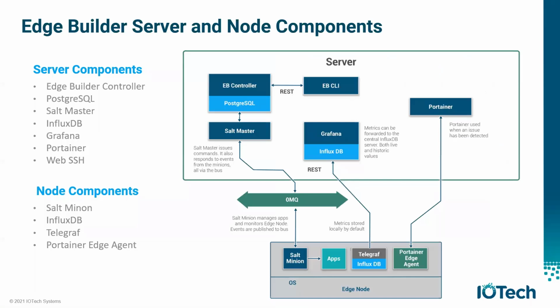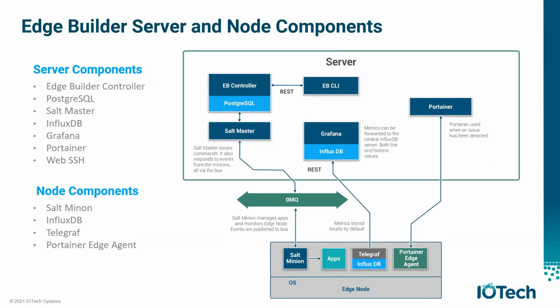More detail on that, and this is where I'll point out the open source software that we base on. So at the server side, a whole host of open source components are part of this. So Postgres, Salt, InfluxDB, Grafana, Portainer, for example, they're all parts of the system.